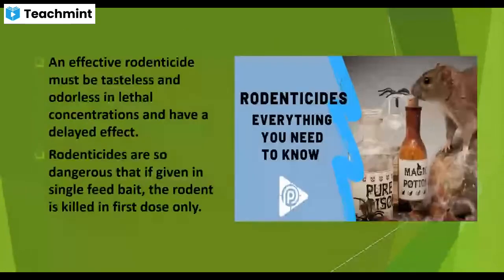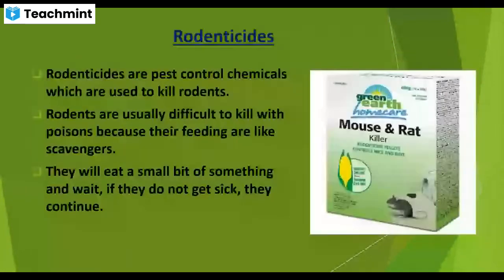That's why we need to develop pesticides which are tasteless and odorless, so that rodents can eat that and we can prevent our crop from rodents. This kind of pesticide used to kill rodents is called a rodenticide.